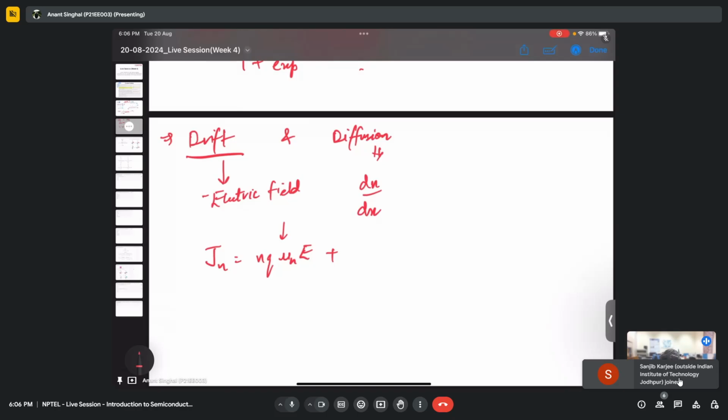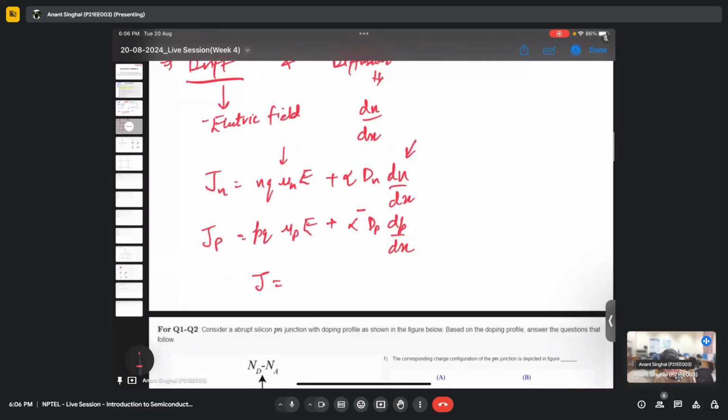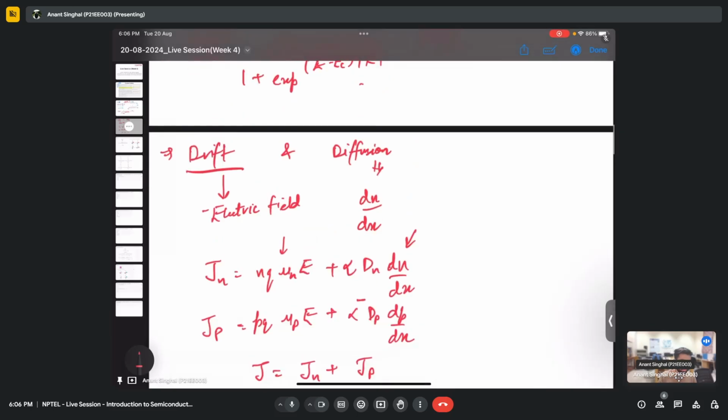Then we have the term with Dn times the gradient, with some proportionality. So this is the diffusion component and this is the drift component. Similarly, we had Jp, which is p q mu p E, and the diffusion part is with a minus Dp by dx. The total drain current, or current density, is the sum of these two. So this is what we have already covered.